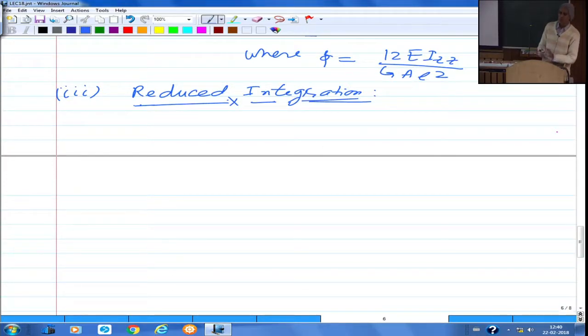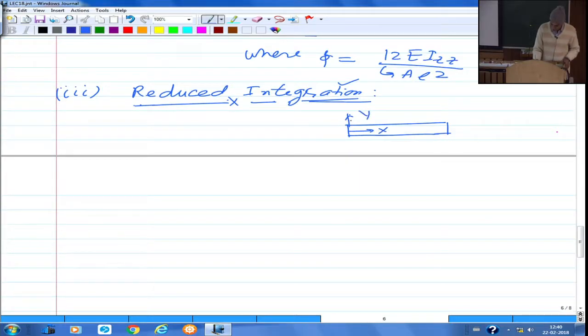So for this standard two-noded Timoshenko beam element, we had taken linear approximation for v and theta z, wherein we had basically this as x and this as y, and the degrees of freedom at these two nodes are here.